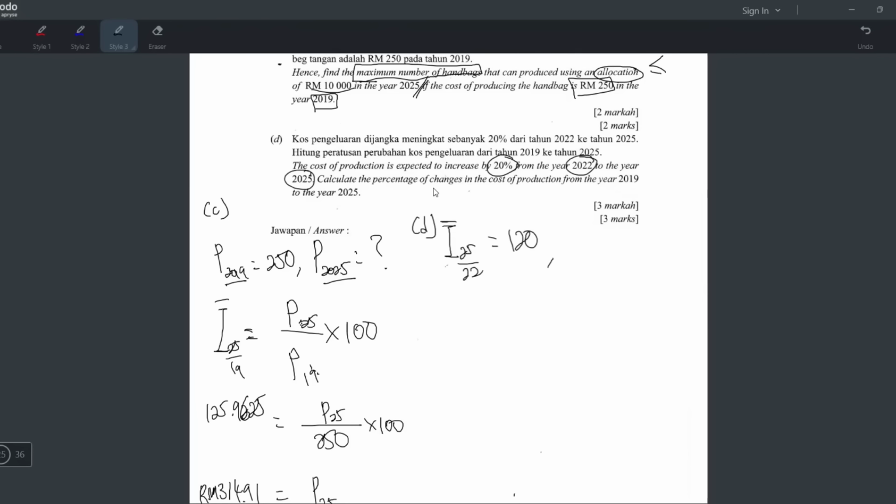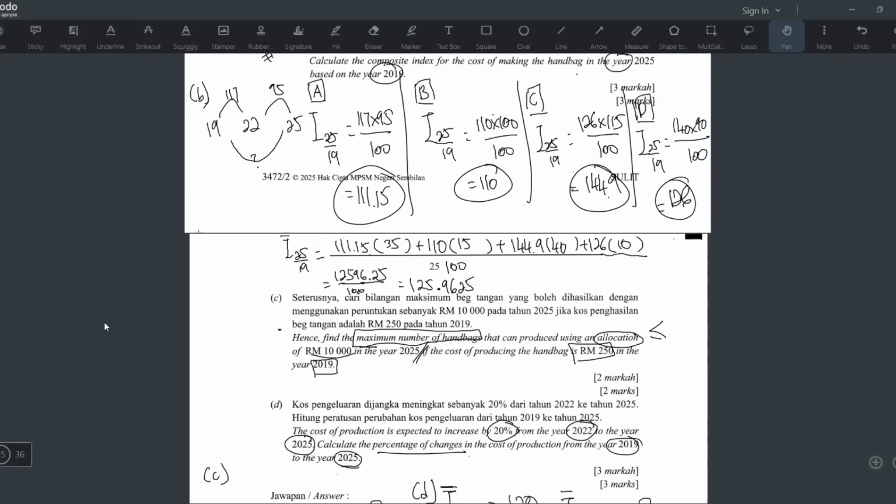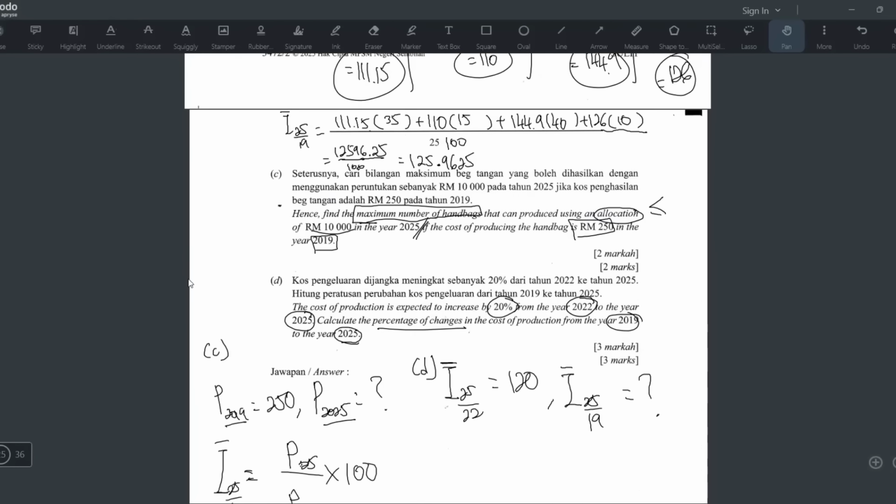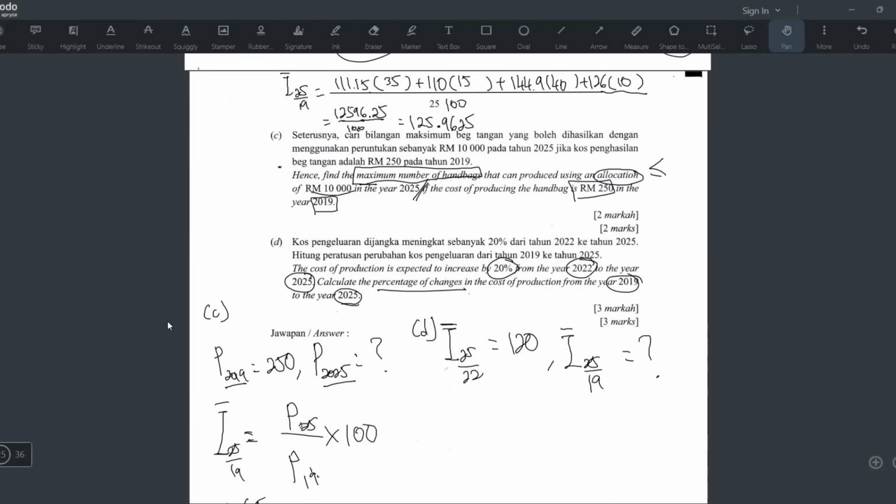Okay, and then calculate the percentage change in the cost of production from the year 2019 to 2025. Okay, percentage change means find the index. So the index for 25 over 19, and it's also the composite index because they never mention whether it's material A, B, C, or D. So it equals, okay, 25 19 is already given, right? Here. 125.9625. So weird, this question.